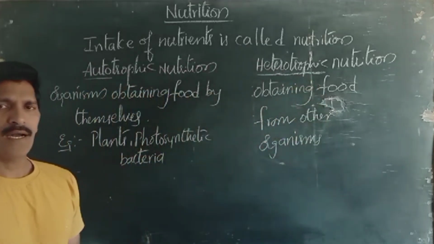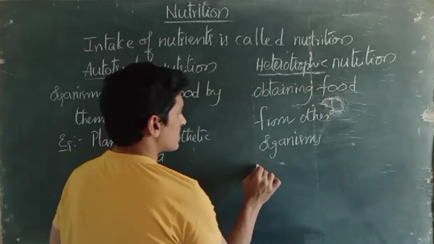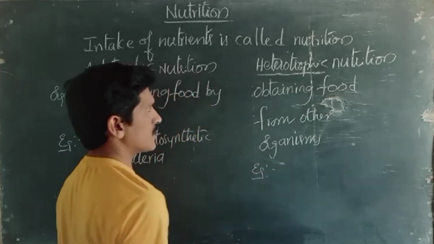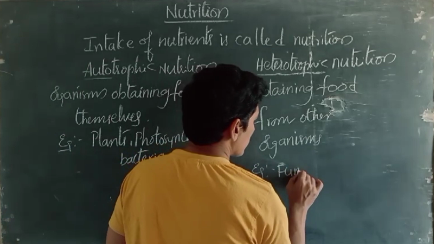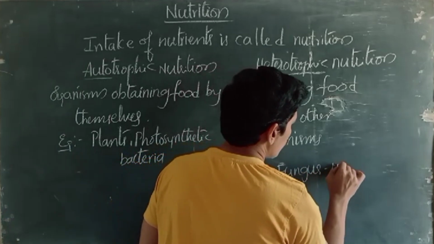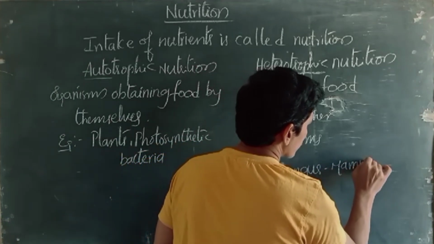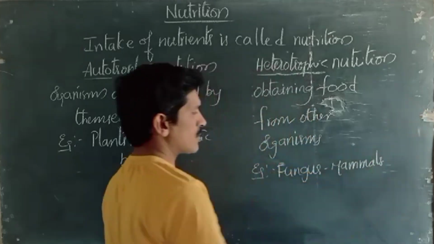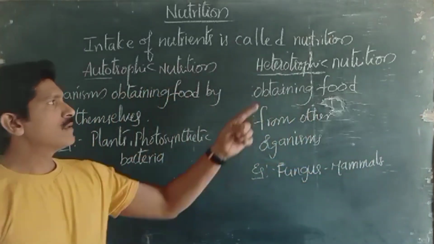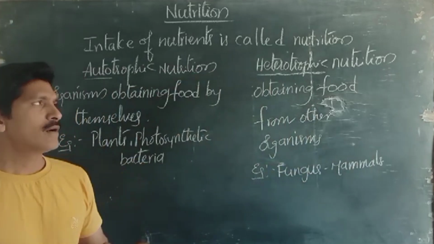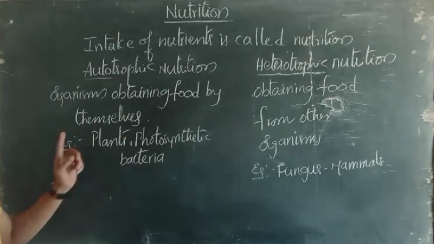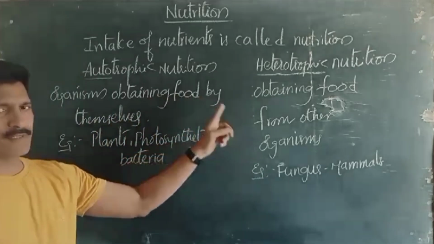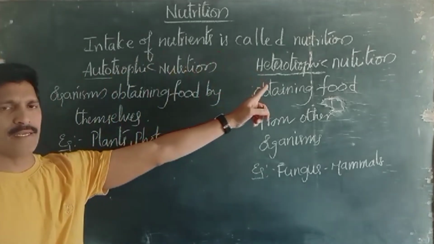Examples of organisms performing this kind of heterotrophic nutrition range from fungus to mammals. All organisms from fungus to mammals come under heterotrophic nutrition, right? So these are the two basic types of nutrition, autotrophic and heterotrophic.